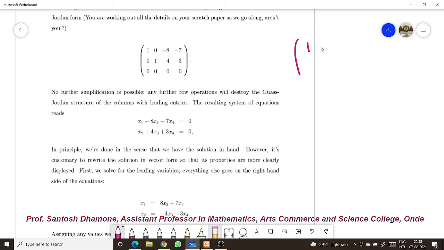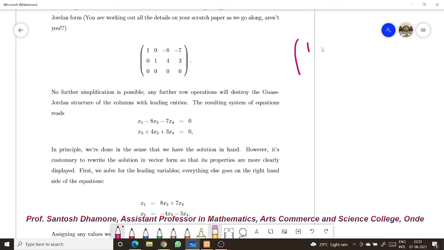If there are more unknowns than equations, the homogeneous system always has a non-trivial solution. Okay, this is an important point. Suppose you have two equations and four unknowns, then the homogeneous system always has a non-trivial solution.